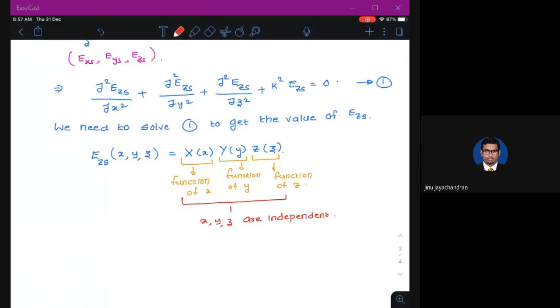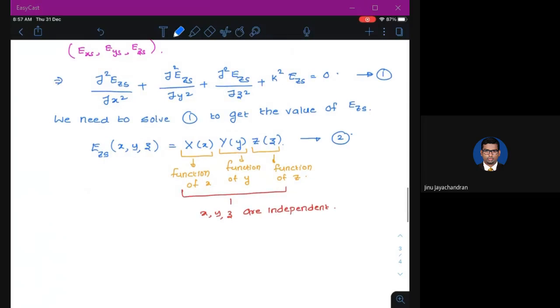Okay. So now let's substitute equation number 2 in 1. Instead of writing X(x), I'm just going to write only X. Instead of writing Y(y), I'm writing Y. Instead of writing Z(z), I'm writing Z. That's all.